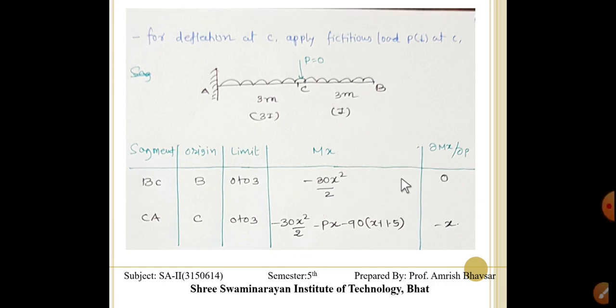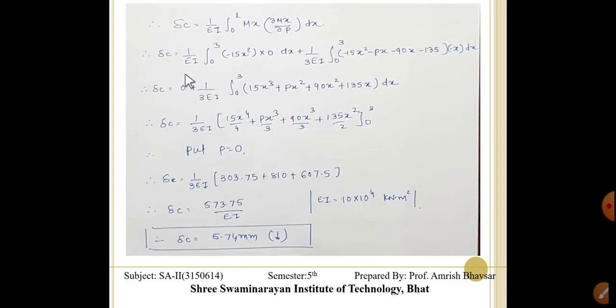Here, multiplication of these two and integration of that with respect to x with this limit. So, what will we get? Delta C is equal to 1 upon EI integration 0 to L of Mx del Mx upon del P into dx.